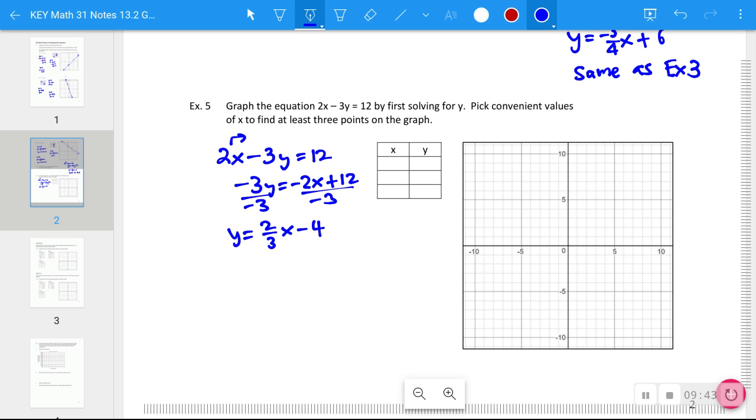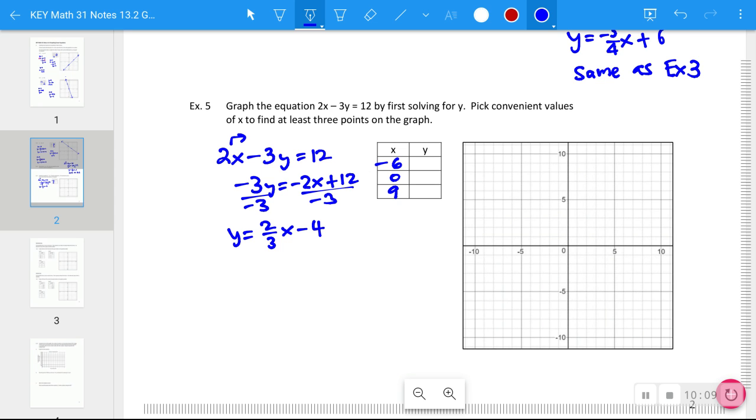Okay, now what we're going to do in this case is we're going to pick numbers that divide by 3. So I'm going to arbitrarily say, let's go with -6, 0, and 9. Yeah, let's use 9.